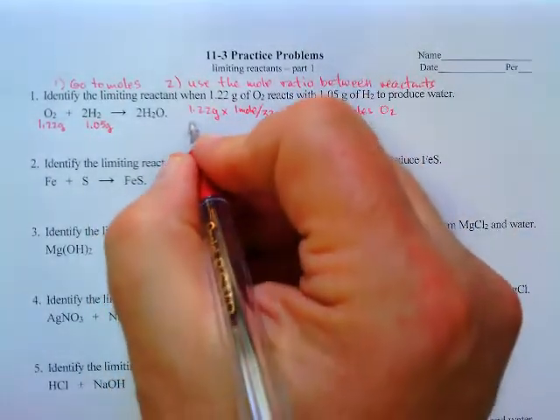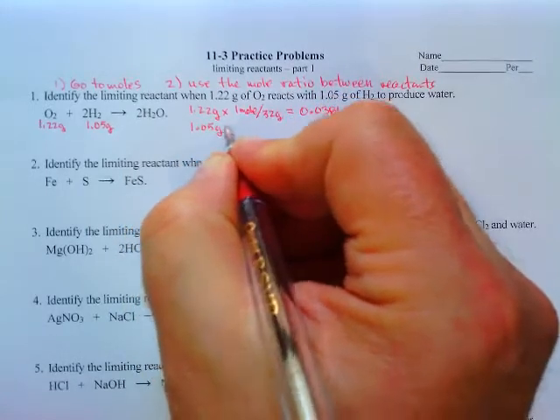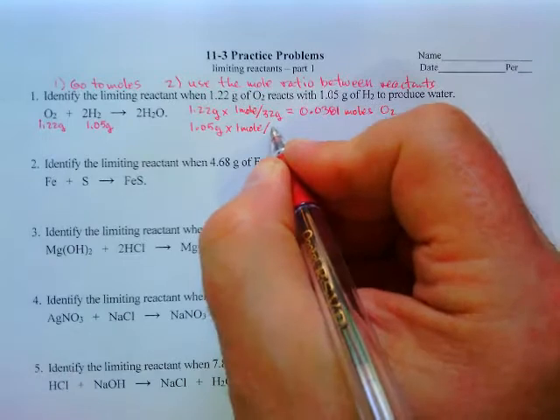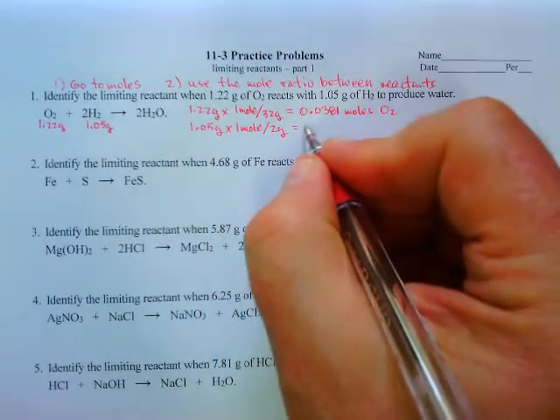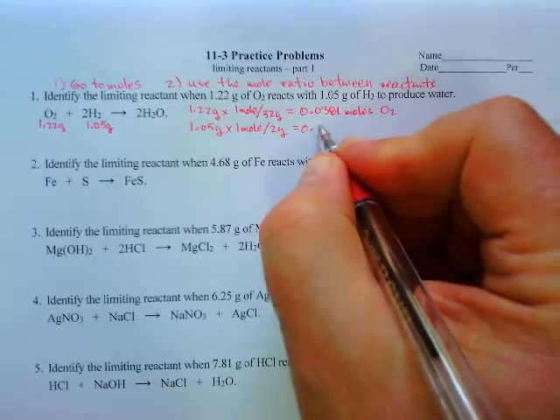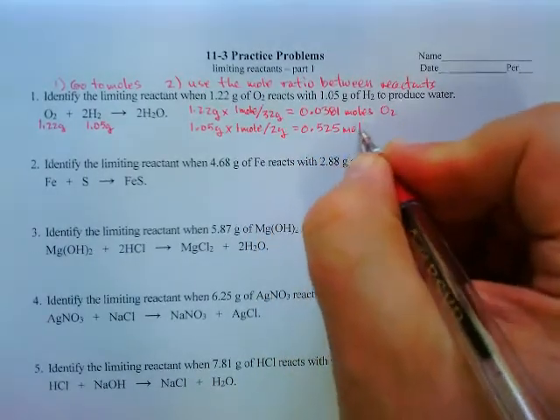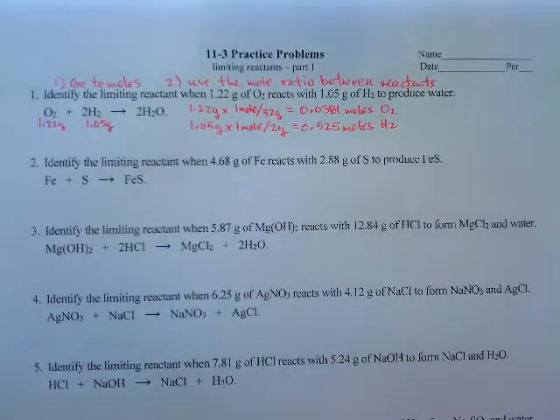Okay, and then for the H2, 1.05 grams times 1 mole over 2 grams equals 0.525 moles of H2. So first go to moles.